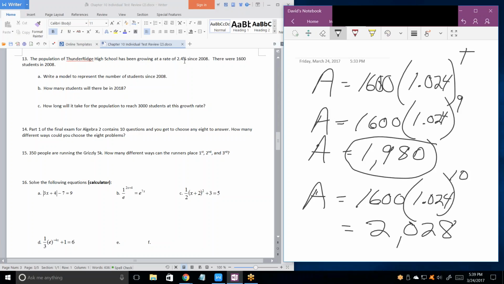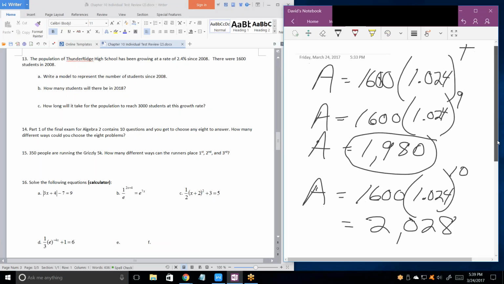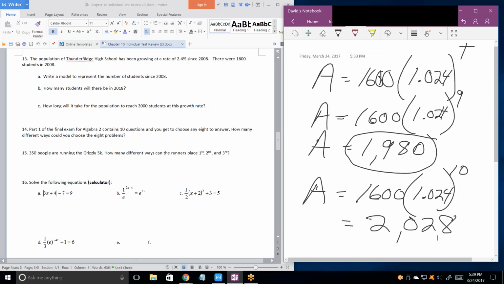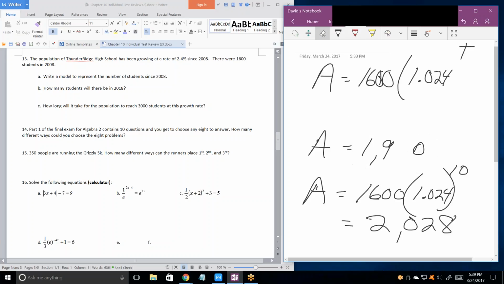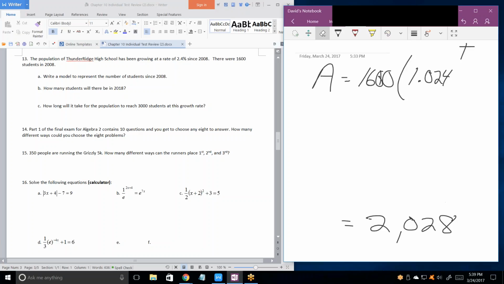Okay. And finally, the trickiest one is how long will it take for the population to reach 3,000 students at this growth rate? We can actually go back to this equation. How do I solve this?